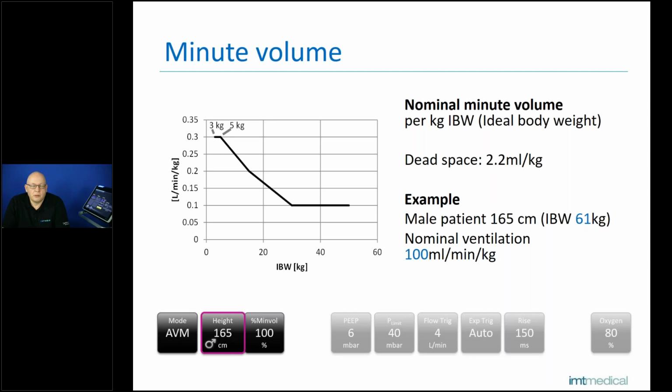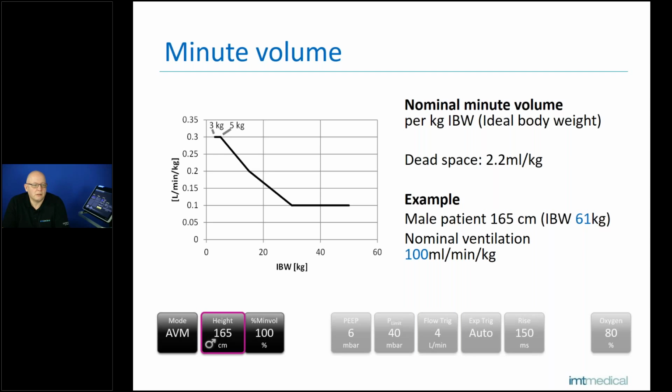And now we come to the percentage of minute volume button, and for most of the users, the percentage is something confusing because no one is really understanding why is it percentage, why can't I write an absolute value here. Just replace this percentage with 100 milliliters, so then it's much easier. Because this is the control which sets the minute volume, and this means I have a patient with 61 kilograms, and this patient is ventilated with 100 milliliter per minute per kilogram.